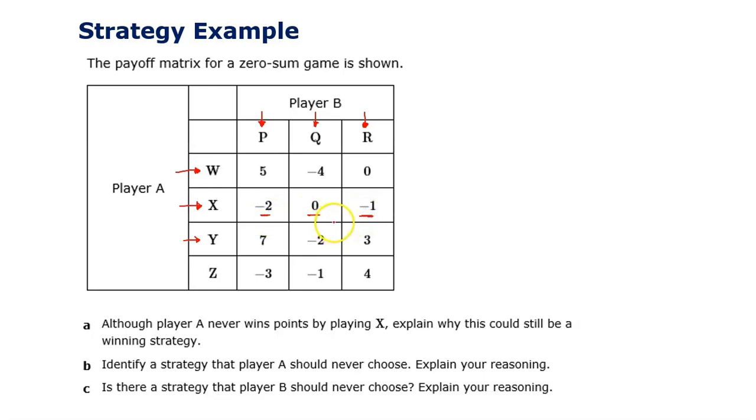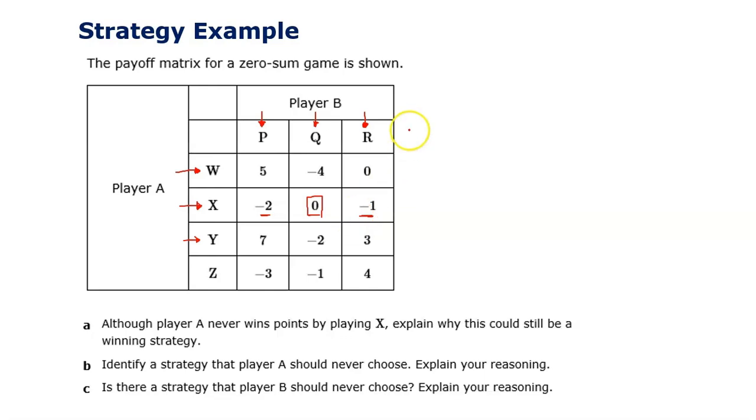So he literally will never win. He'll either lose, or draw on the middle one. Explain why this could still be a winning strategy. It comes down to the fact that if he plays X and player B chooses Q at the same time, of the four options, 0 is player A's best option.